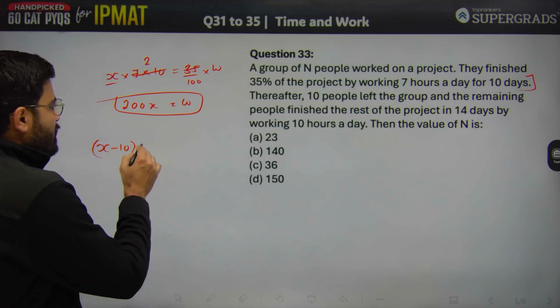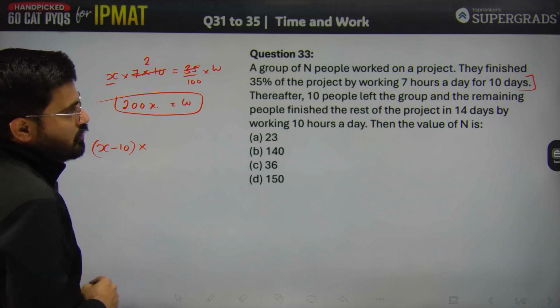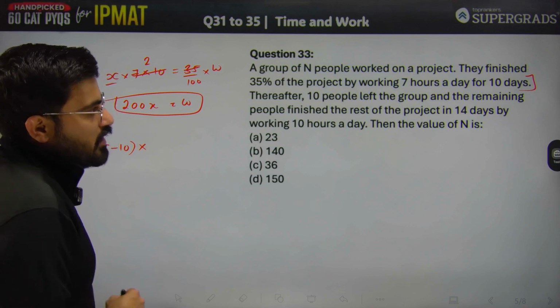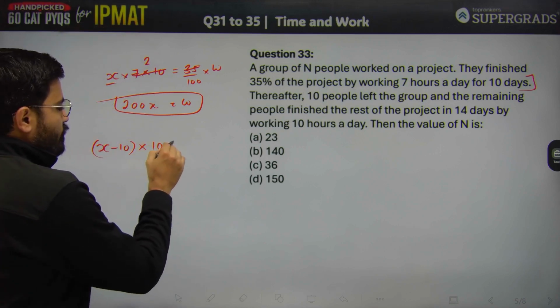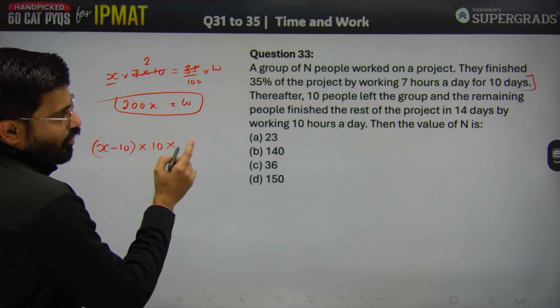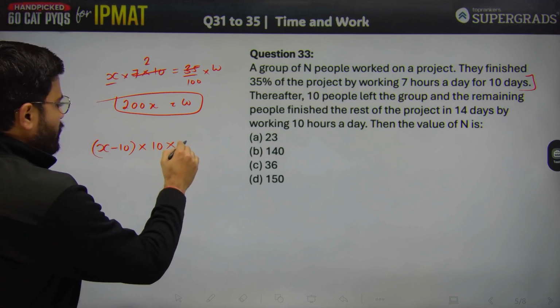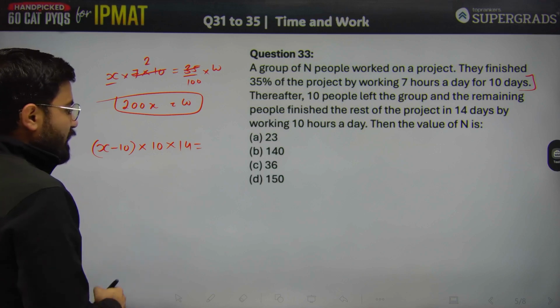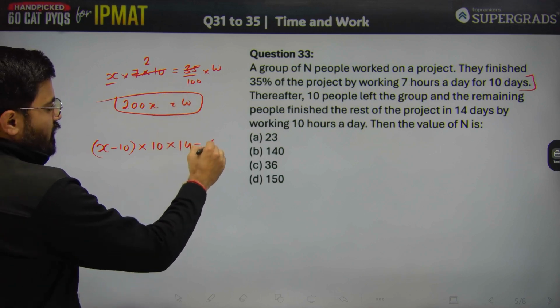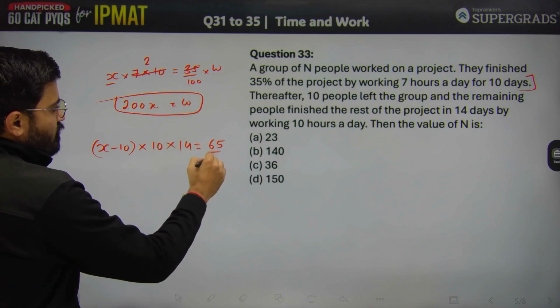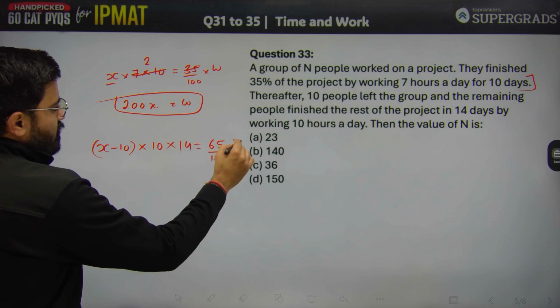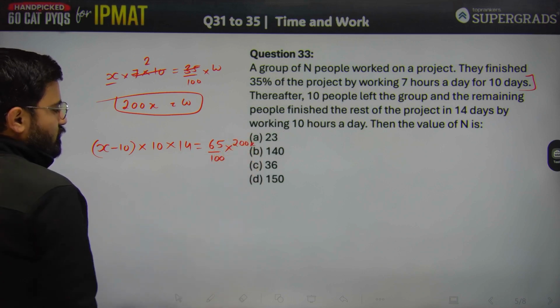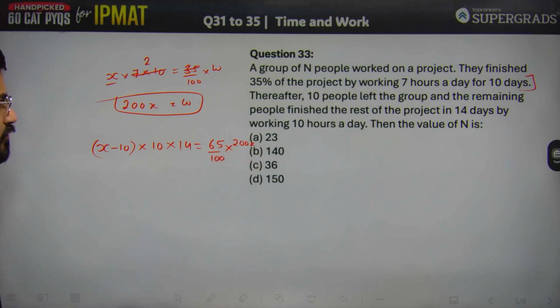So x minus 10 into 10 hours a day into how many days? 14 days is equal to the rest of the work. So the rest of the work is how much? 65% of the total work. Work is given as 200x. Got this part or not?